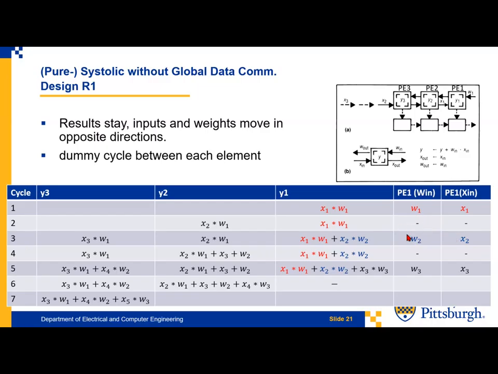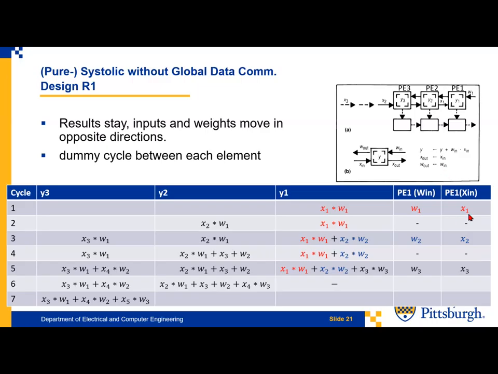And at the third cycle, W2 will be the input. And next, a dummy cycle, and then W3. And the X input for PE1 is the same: X1, a dummy cycle, X2, a dummy cycle, and X3.